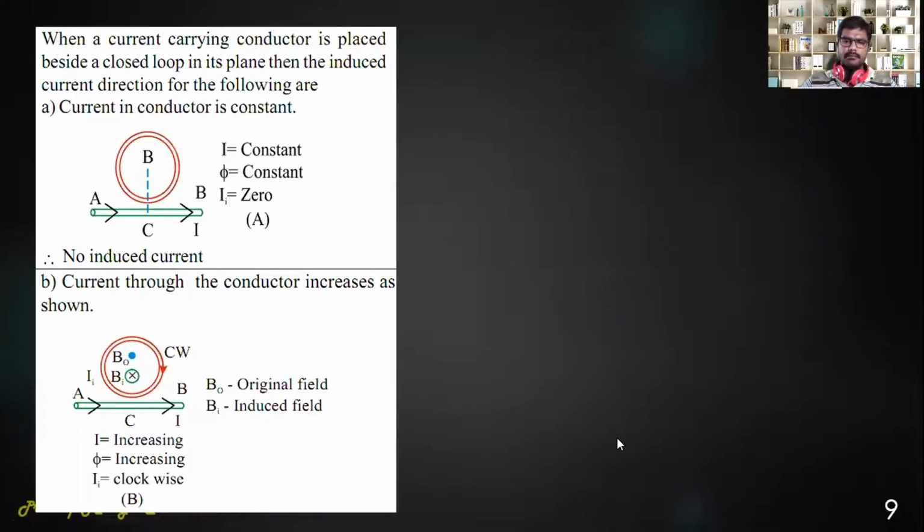So we have already seen that magnetic flux will change whenever there is a change in the magnetic field. As we know, Δφ is not equal to 0 when ΔB is not equal to 0. Right?